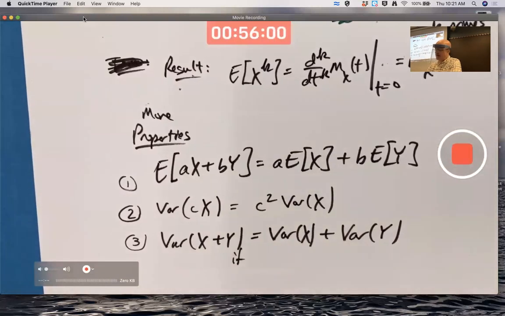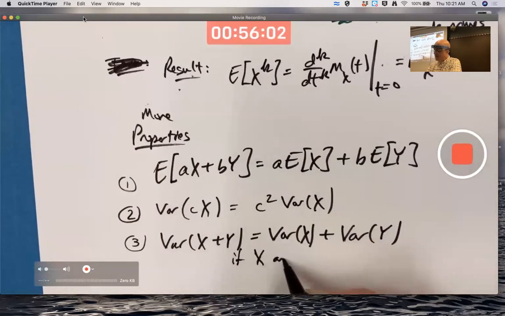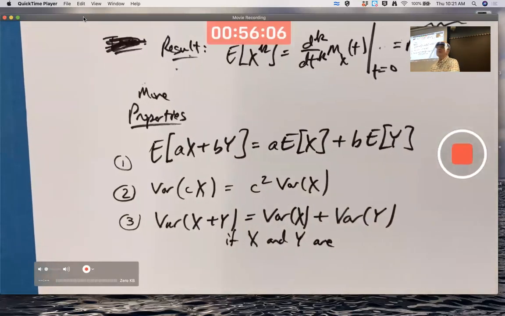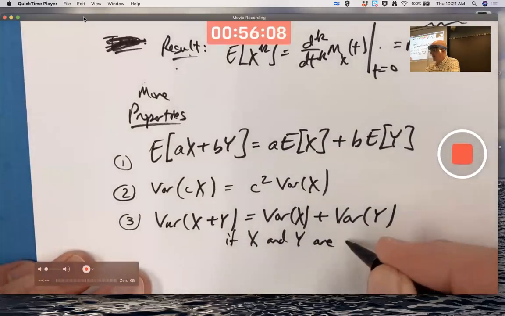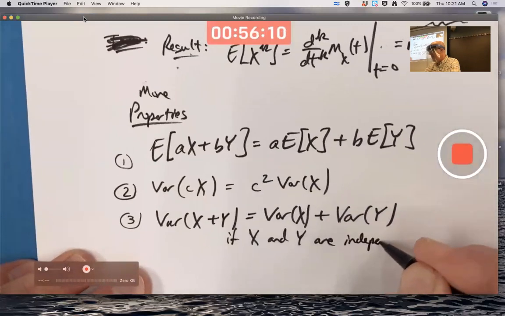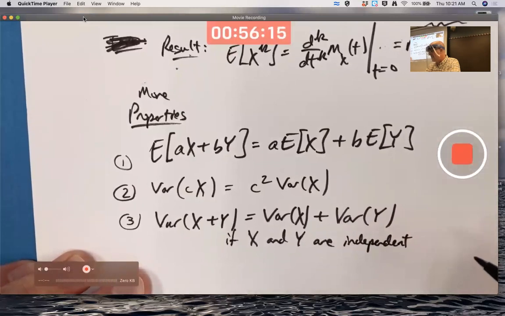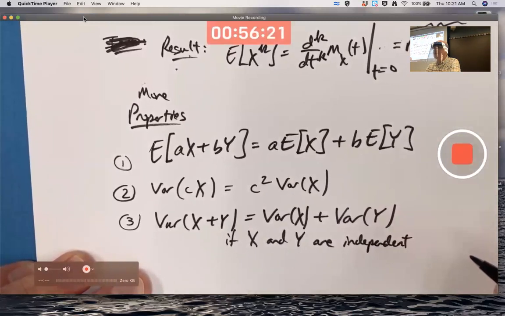If, what about X and Y? You remember what goes there? Independent, yeah. But wait a minute. X and Y are random variables. They're not events in some sample space. Tuesday, we talked about independent events. But these are random variables.